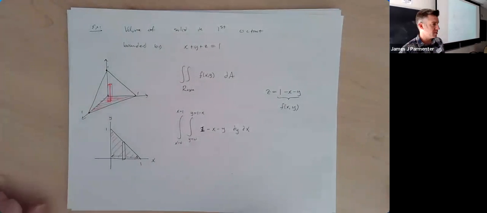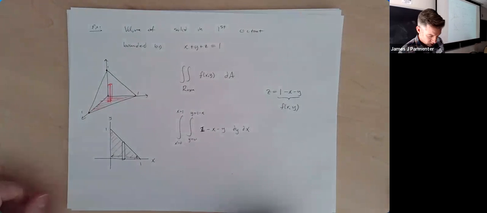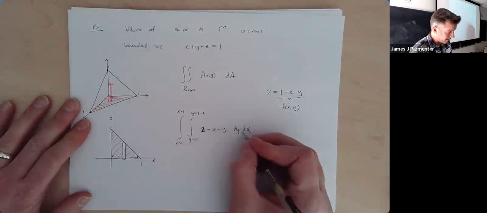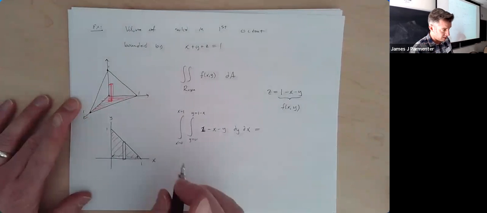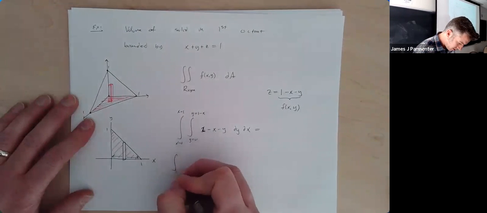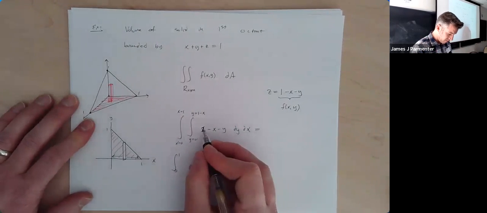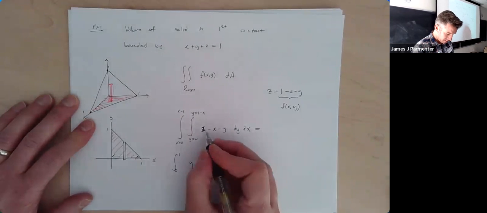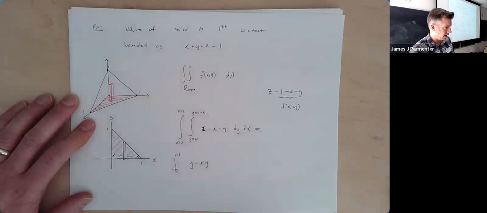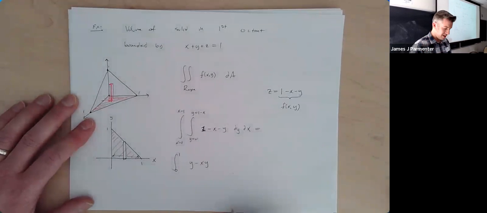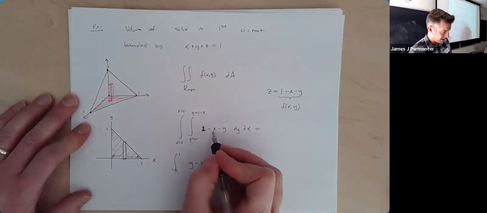And then you would do the same sort of thing. You would integrate this with respect to y first. The antiderivative of 1 is y. The antiderivative of x is x times y.